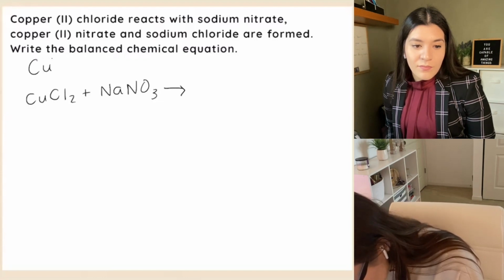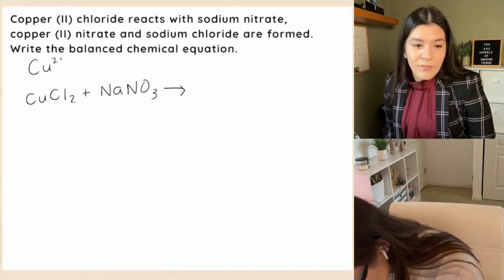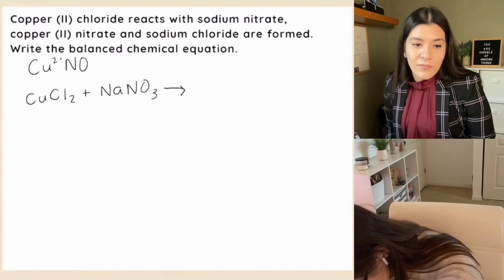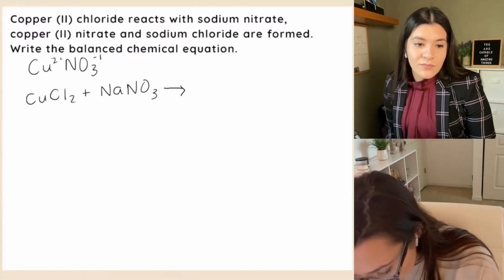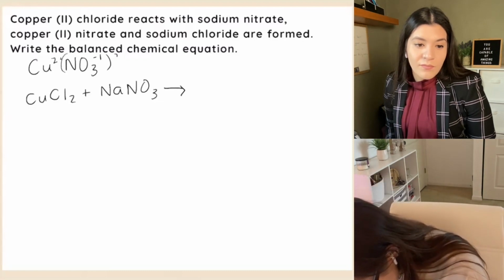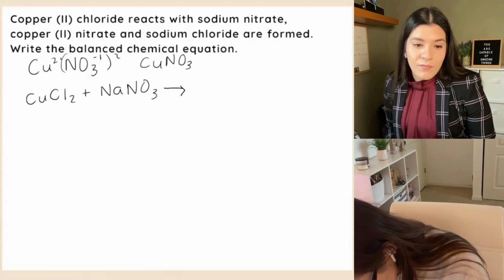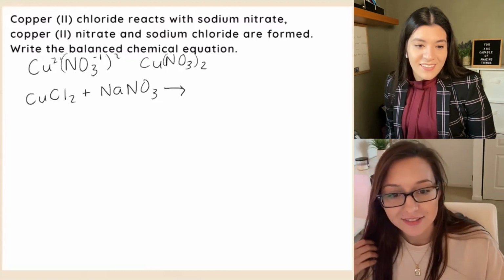We said that's that, and then the nitrate is the NO3 with a -1. Correct. Okay, so we have to multiply that by 2, which means it becomes Cu(NO3)2, right? Correct. Good.